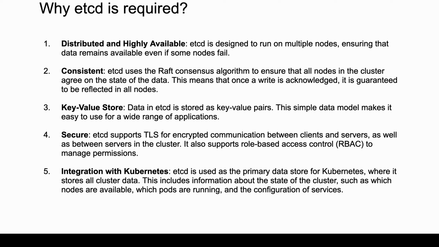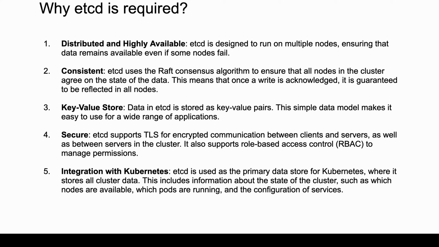So let us understand why it is required. In the previous slide, in the definitions, you must have come across that it is distributed and highly available. This is one of the most important points of etcd. etcd is designed to run on multiple nodes, ensuring that data remains available even if some nodes fail.